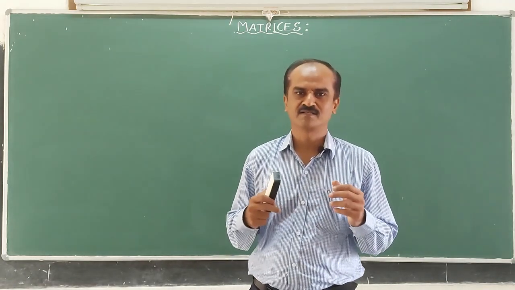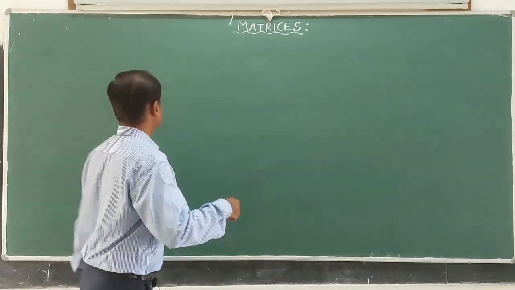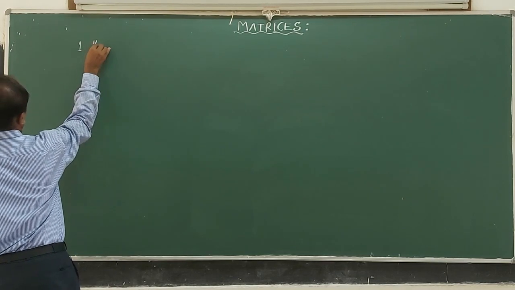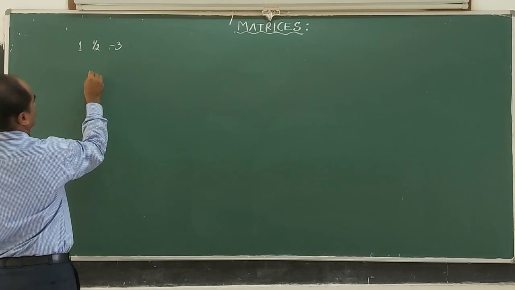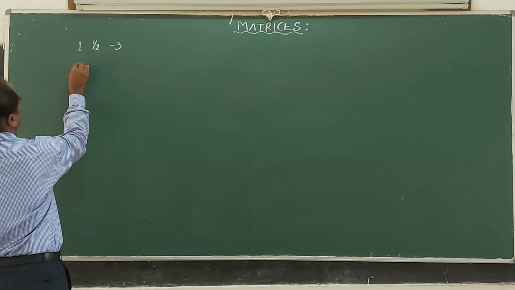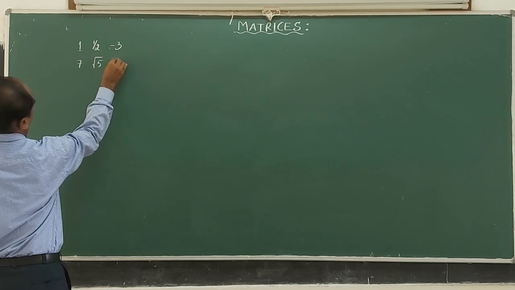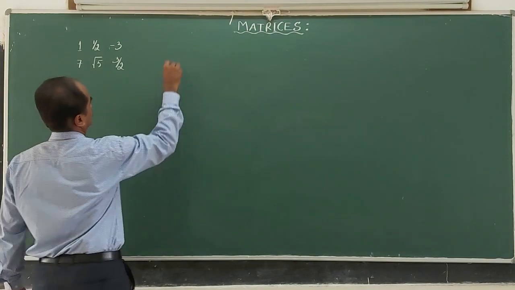Now let me write the set of numbers, an array of numbers. So I am writing 1 by 2, minus 3, 7, root 5, 3 by 2.